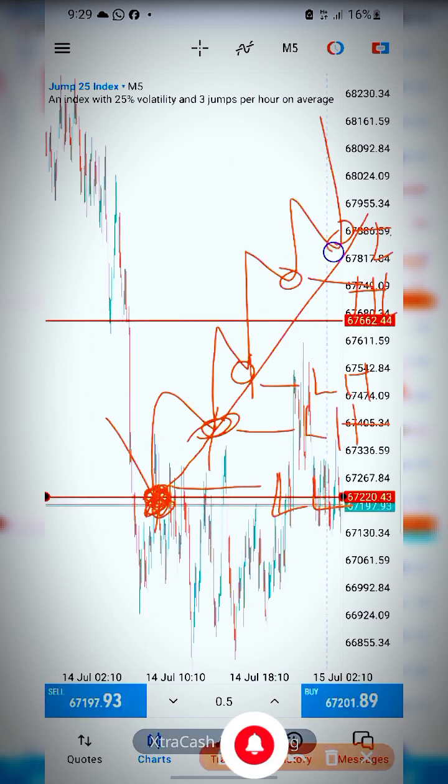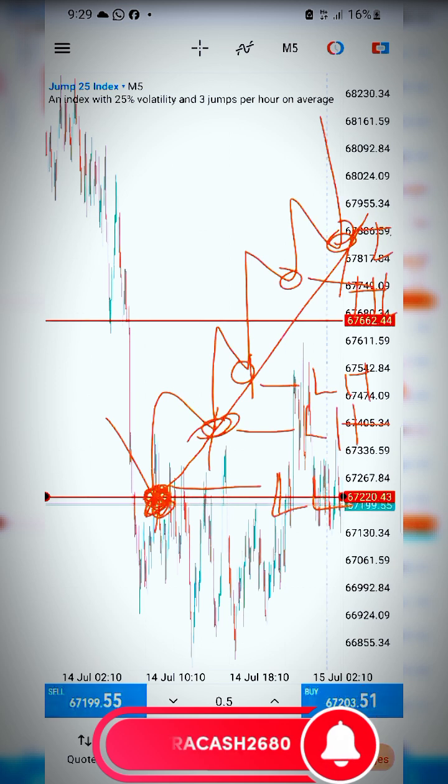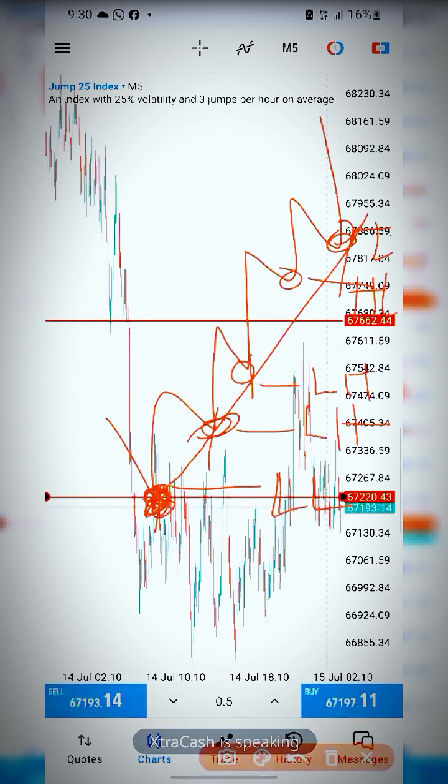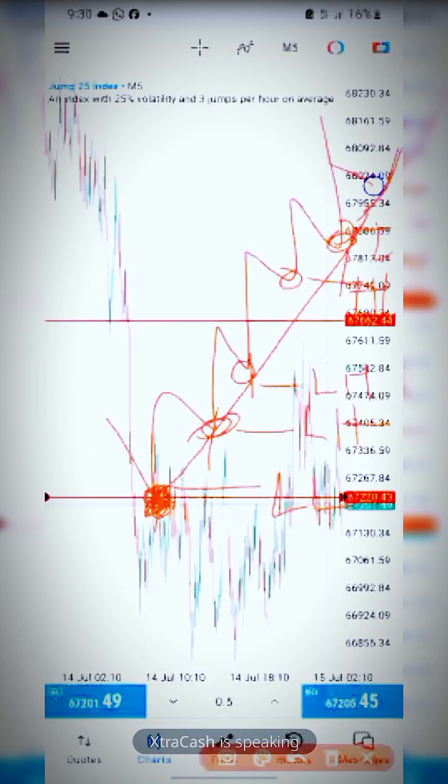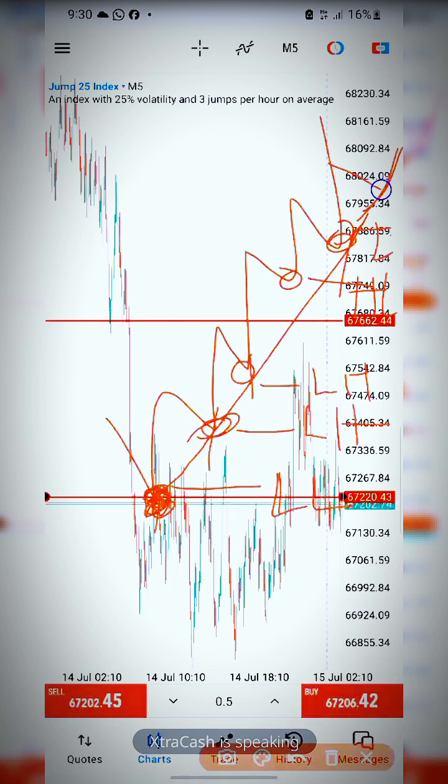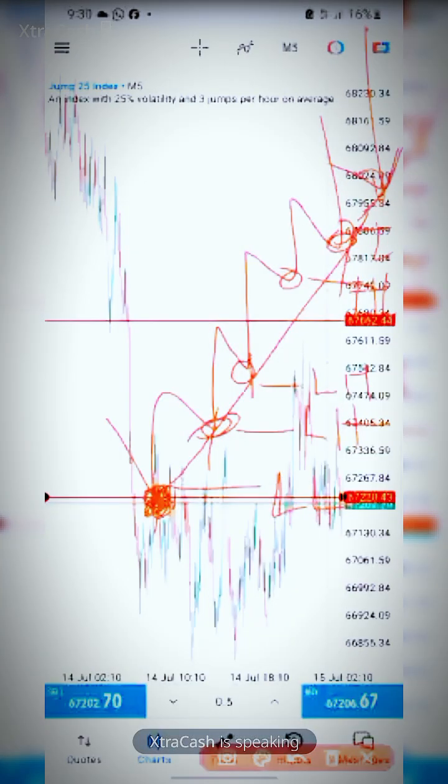If it touches this one, fine. So just make sure you are putting a guide so that if the market drops here, it's likely going to bounce here and go up. That's the work of a trend line when you draw it. It gives you a guide on where price will likely touch before going up.